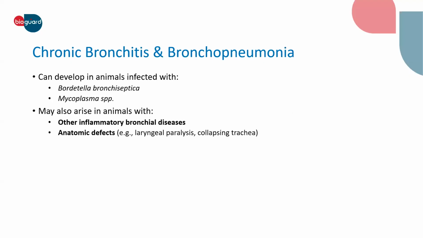It may also arise in animals with other inflammatory bronchial diseases, or be caused by anatomic defects like laryngeal paralysis or collapsing trachea. Those can also cause the issue. So careful and thorough diagnosis is important.